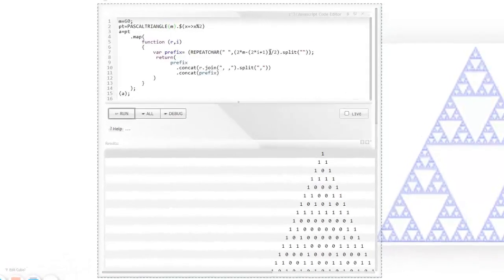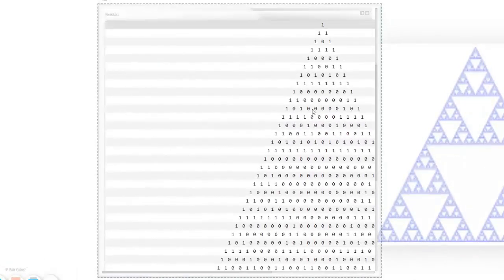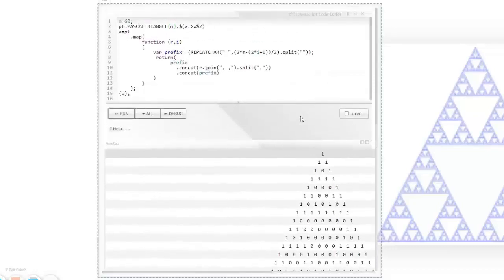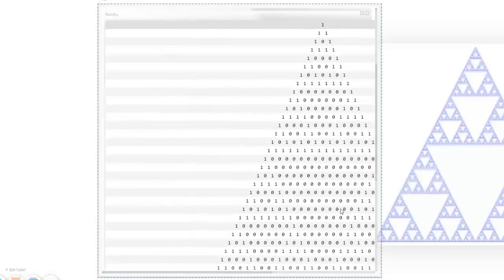With a slight change to the code, I'm going to generate a pattern in which I take the mod of each of these elements by 2, and hence I get a bit pattern of 0 or 1, because I'm taking the mod of each element in the Pascal triangle. And if you look at the pattern, there's something very interesting here.